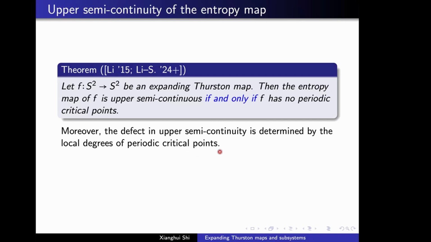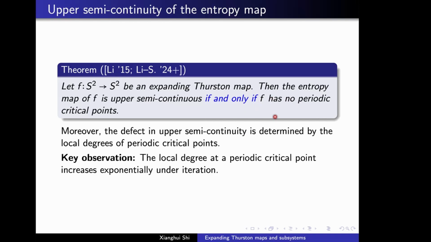So periodic critical points play an important role in the upper semi-continuity. Here the key observation is that the local degree at the periodic critical point increases exponentially under iteration. To simplify the understanding, let's consider a fixed critical point.